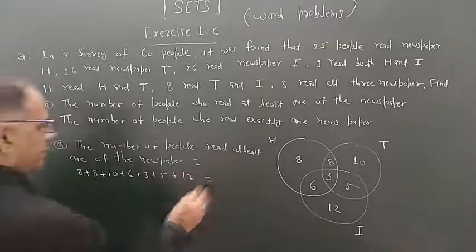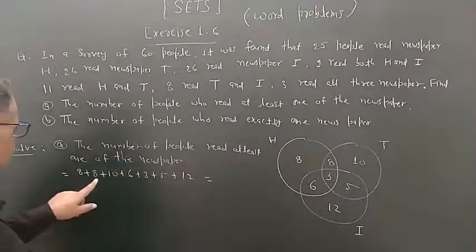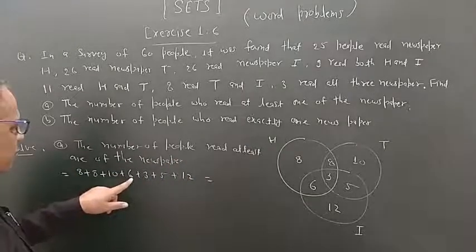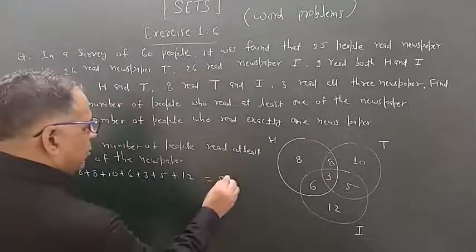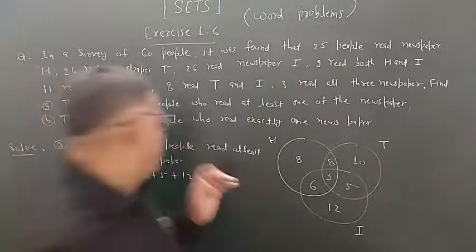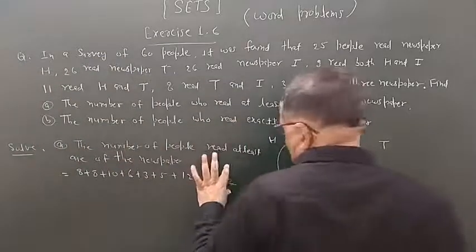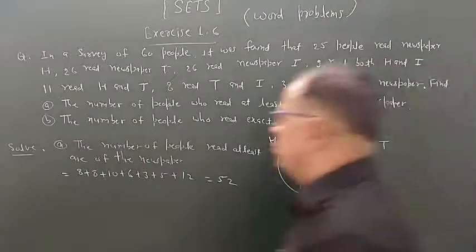So this becomes 16, 26, 32, 35, 40, 52. So in the group of 60 people, 52 people read at least one of the newspapers.